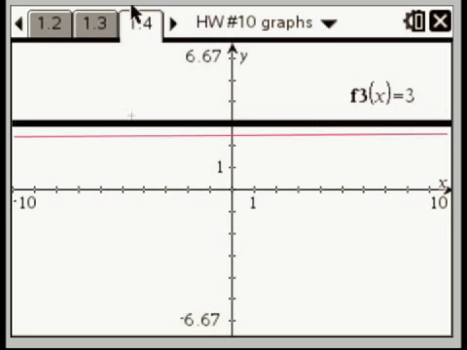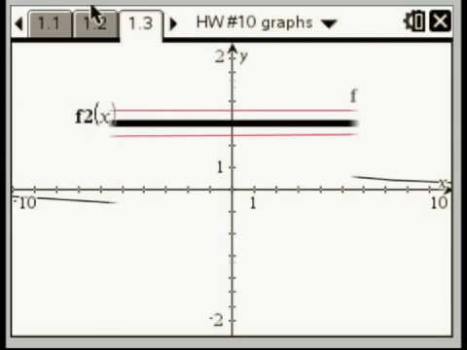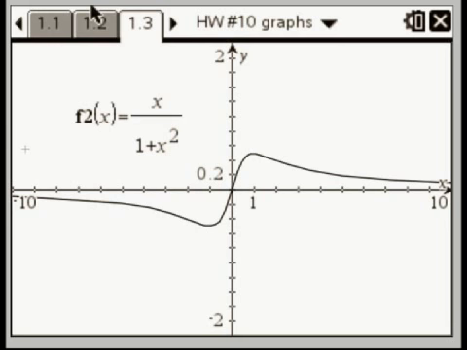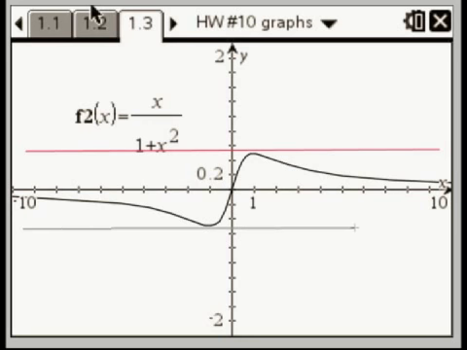When we say it's bounded, that means it's bounded both above and below. Another example of this situation would be x over 1 plus x squared. It's an interesting looking graph, but it's bounded above and it's bounded below. So we're simply going to say this function is bounded.